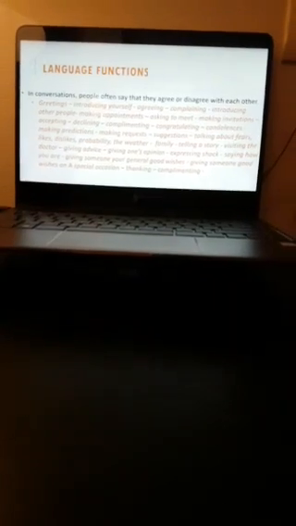We have too many different ways for using language functions, for any single one, complimenting for example. If we want to compliment a person wearing beautiful clothes, what do we say in Arabic? We also have different ways.